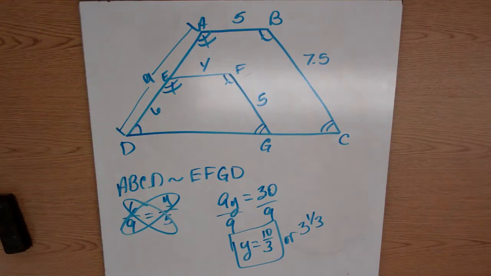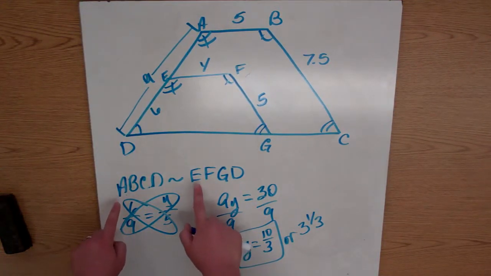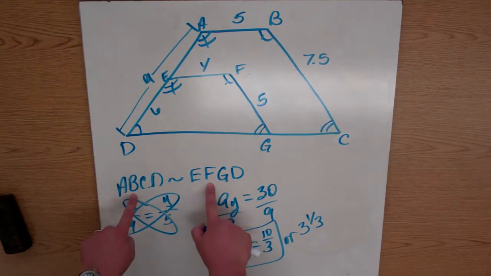And then you find your similarity ratio, which we did find. So make sure you understand similarity and how to write the similarity statement. Remember, they have to go in the same order. Since A and E correspond, they have to be in the same spot. B and F, they have to be in the same spot.